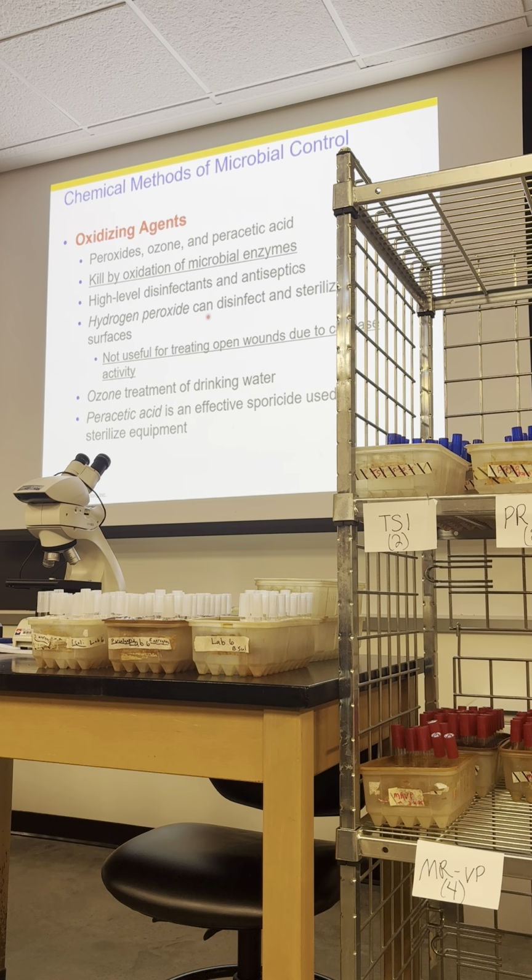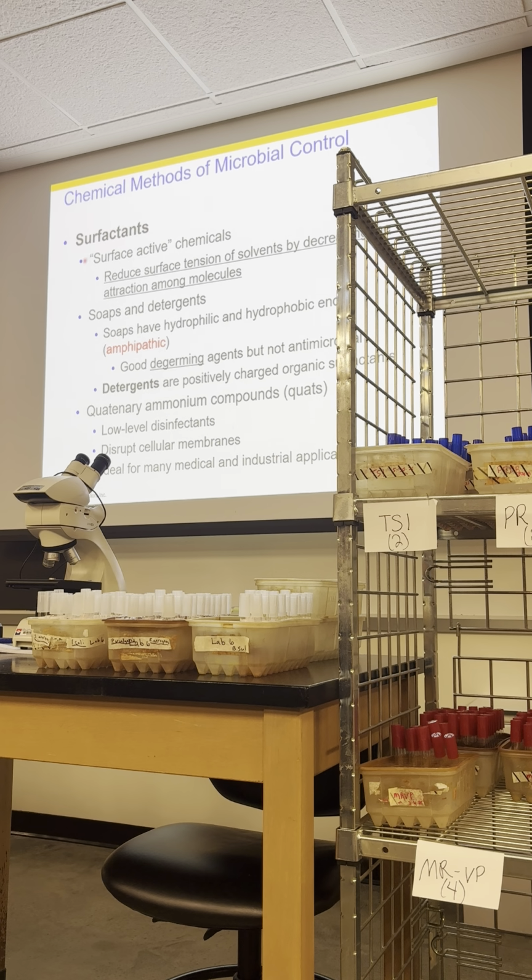But if you don't, right, exposure to oxygen ends up killing you. Okay, so we mentioned hydrogen peroxide and we mentioned catalase today. Ozone is another form of oxygen, peracetic acid. We use chlorine, which is a halogen, to disinfect our drinking water. In Europe, they use ozone.